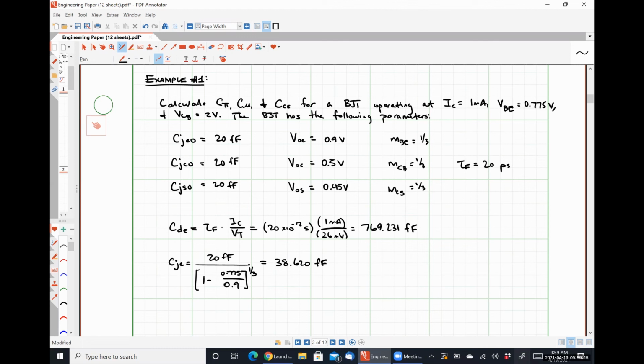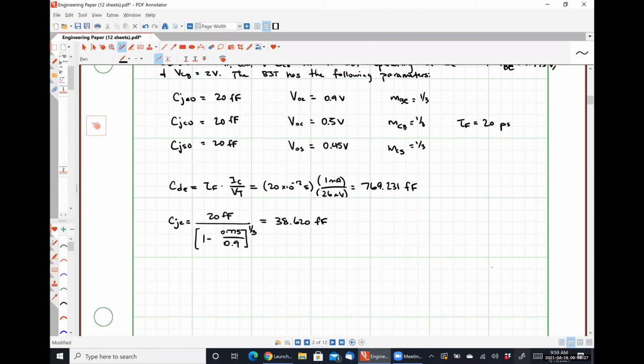So this is pretty dang close to if we had just doubled the unbiased junction capacitance, which is the approximation that I gave you earlier. So we could have saved ourselves a little bit of time by doing that, but it isn't particularly difficult to figure out what's going on there.